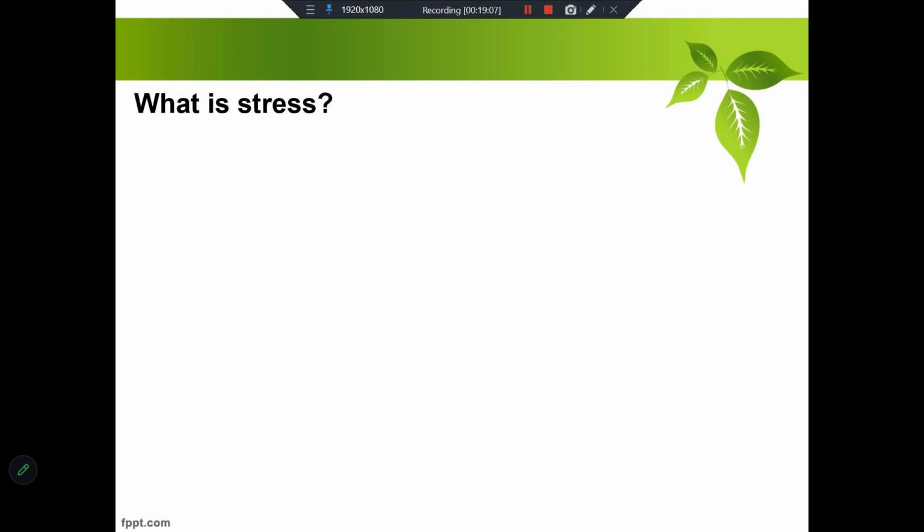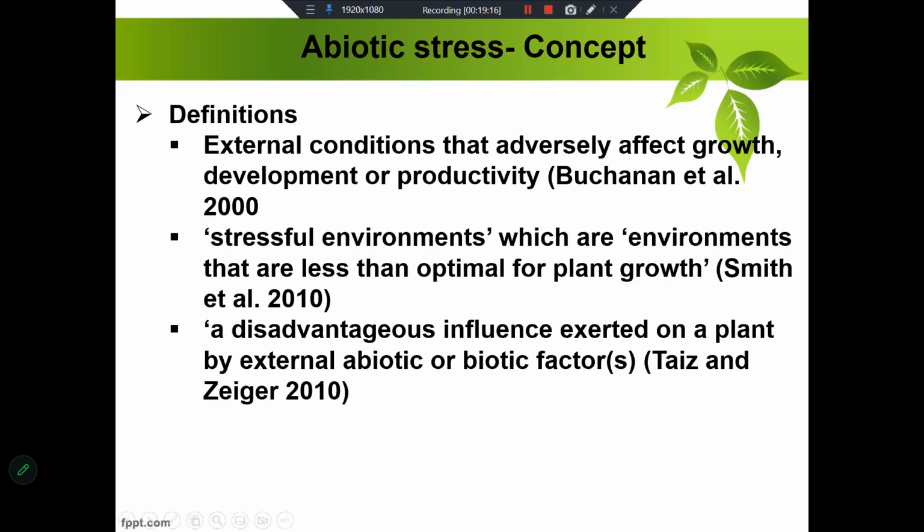Okay, so here I have mentioned some definitions taken from some textbooks. According to Buchanan, the definition is external. So you don't have to remember any of these things. I don't want you to remember any of the definitions.